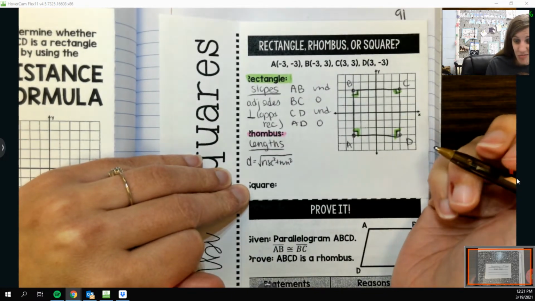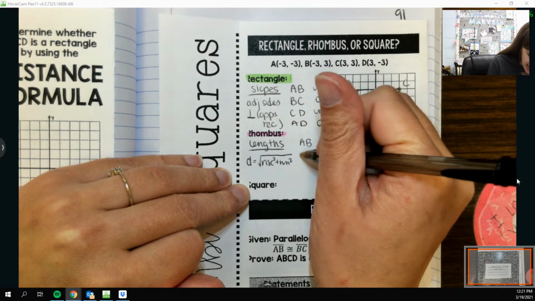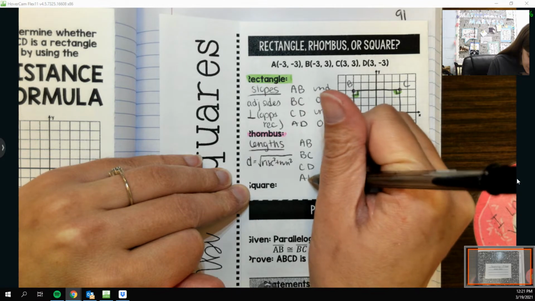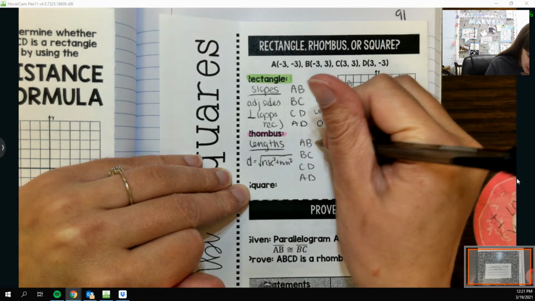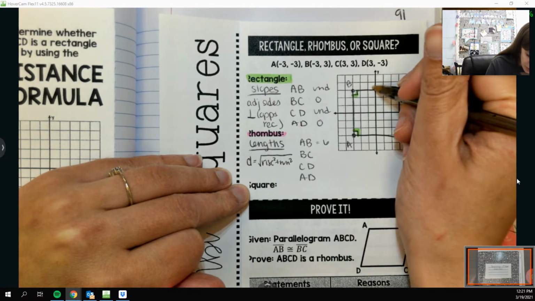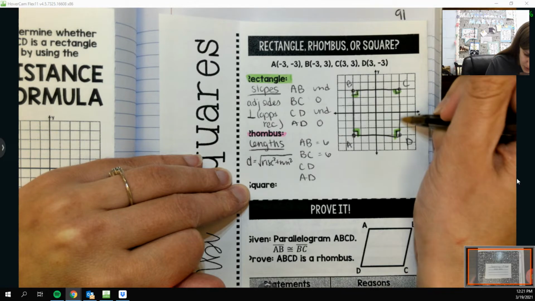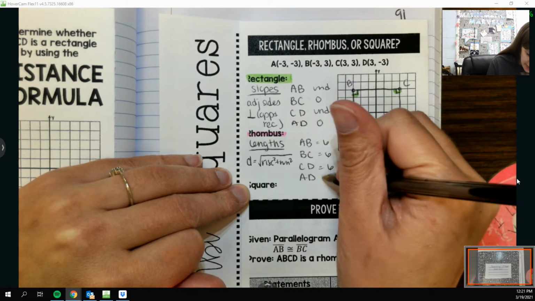Or just count, like in this case, because they're all flat edges, I can just count the length of each side. So 1, 2, 3, 4, 5, 6, on each of the four sides.